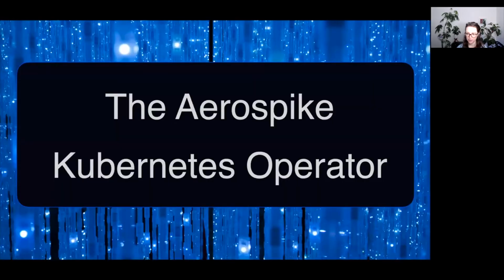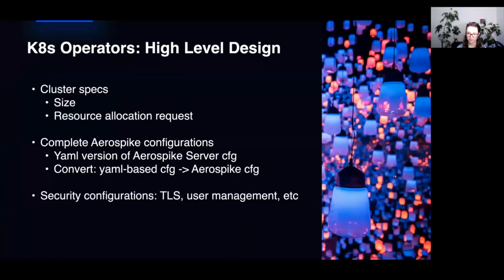So, the Aerospike Kubernetes operator. The high-level design of it is driven by a single custom resource, CR, and it conforms with the operator custom resource definition, CRD. The cluster specs cover things like the size, so the number of nodes per cluster, and the resource allocation request, for example, CPU per node.